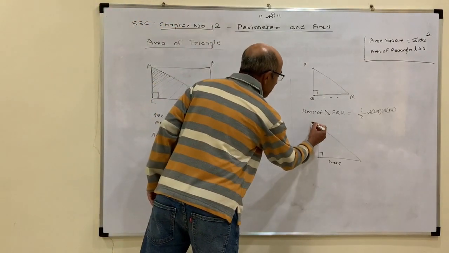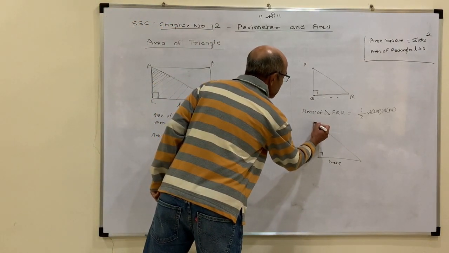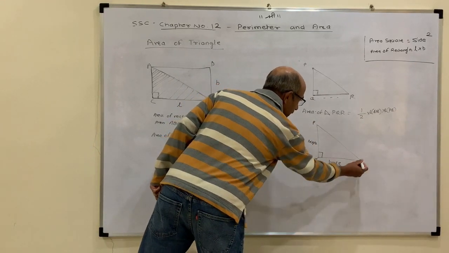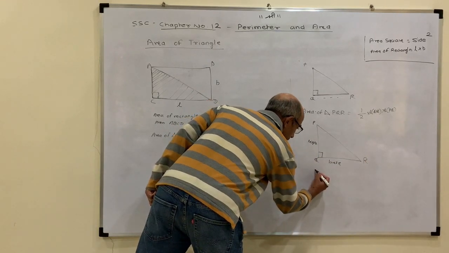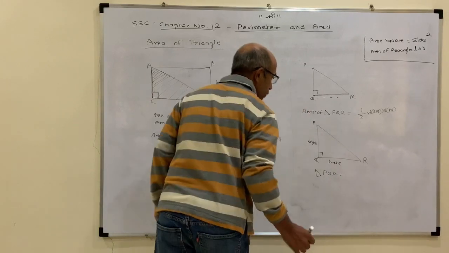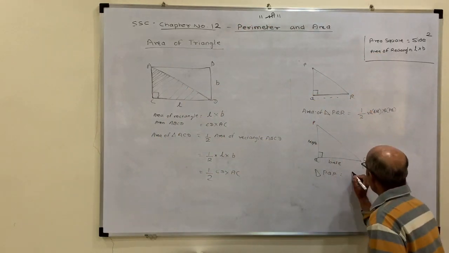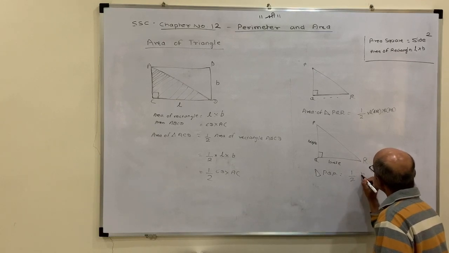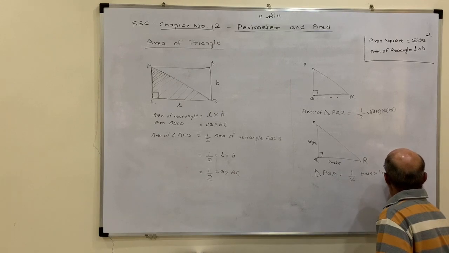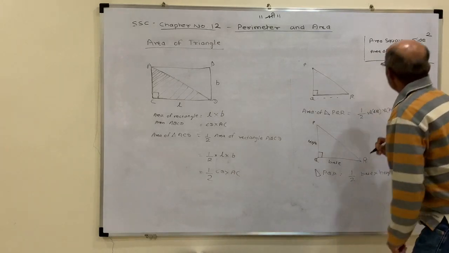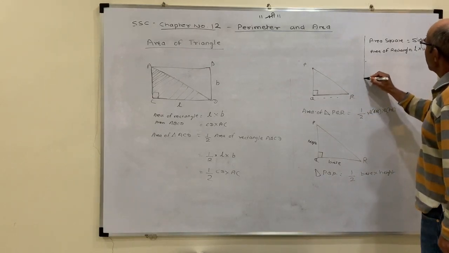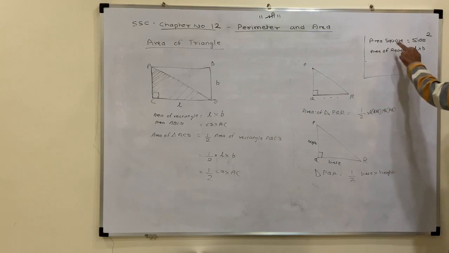So now the area of triangle PQR, in other terms, our formula will be half of base into height. I have noted two formulas before, one for the area of rectangle and one for the area of square.